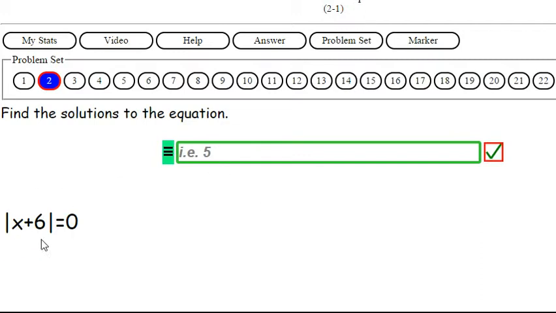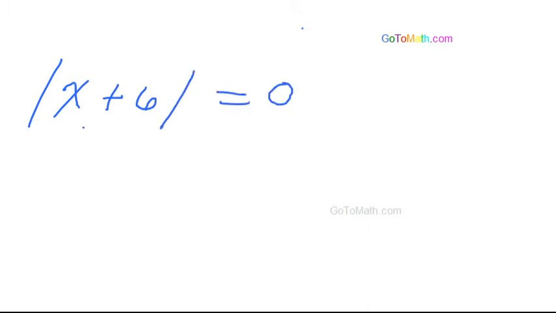So let's go to the whiteboard. Let's write that down. The absolute value of x plus 6 is equal to 0. Is that big enough? Okay, so remember we're going to rewrite this twice.